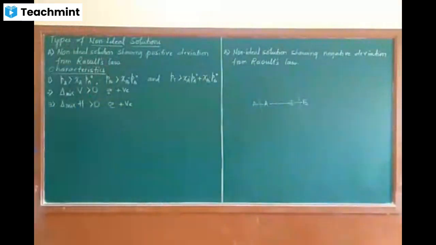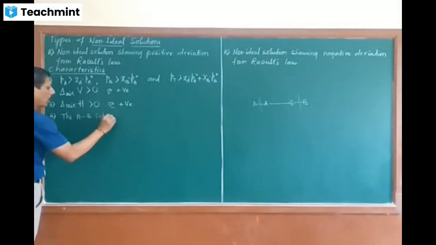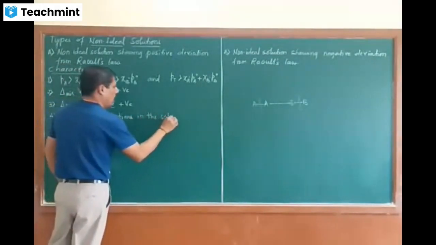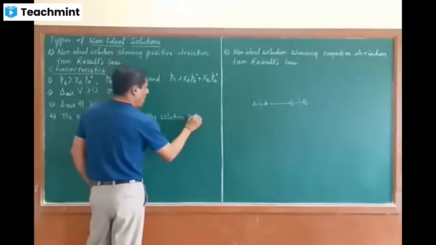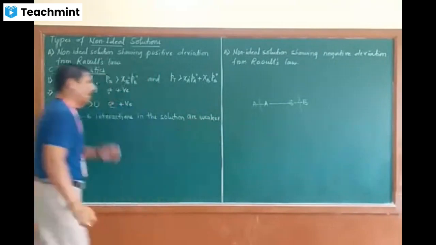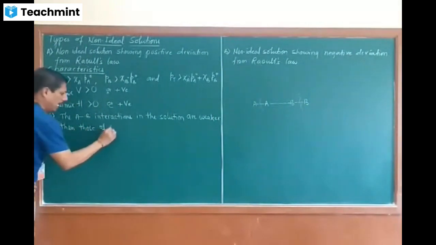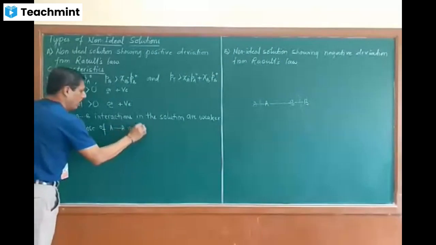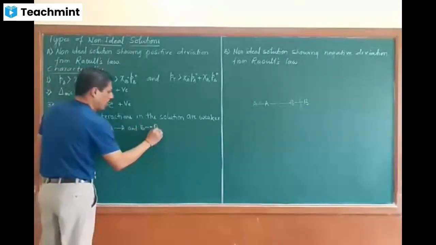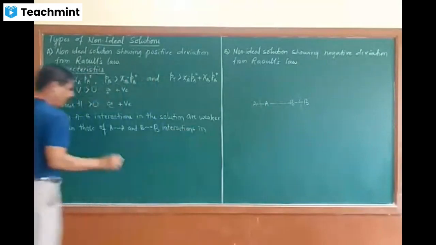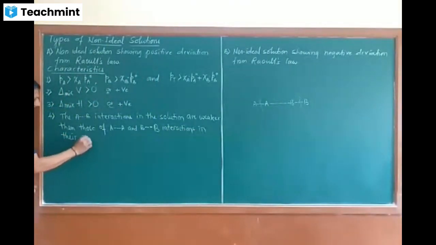Now the fourth characteristic, in terms of interactions: the AB interactions in the solution are weaker than those of AA and BB interactions in their pure state.